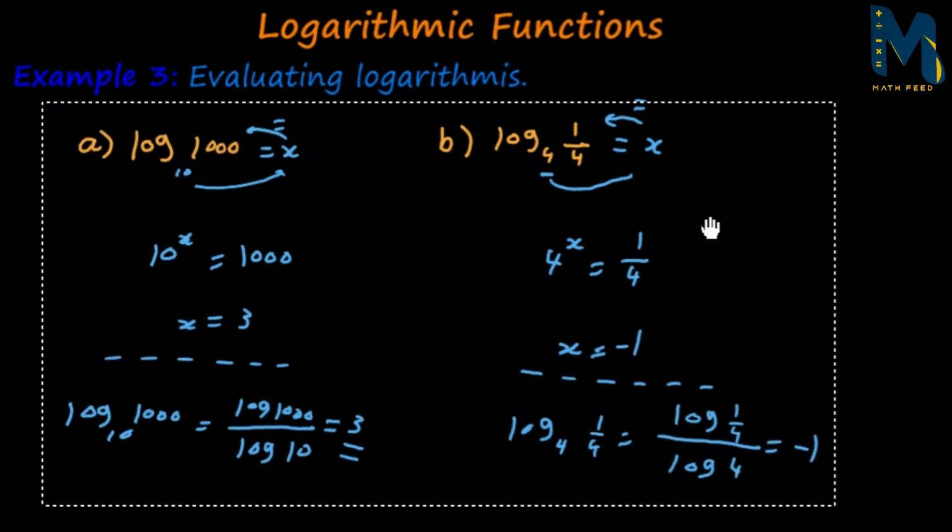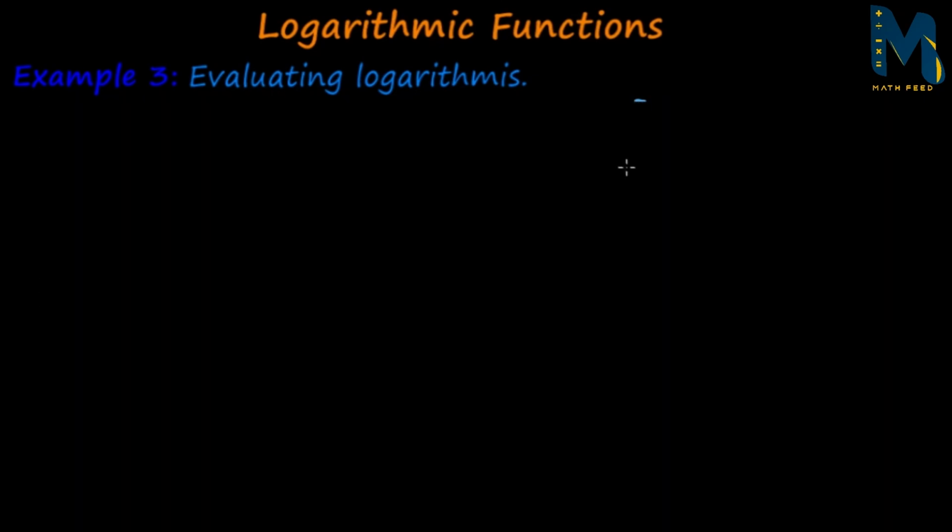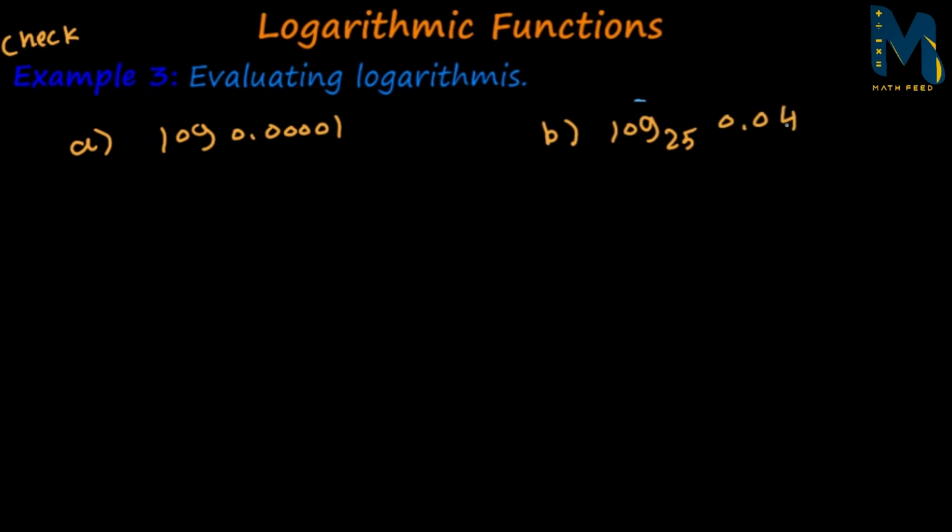We have checked out examples to solve. Branch A said log of 0.001, and branch B said log base 25 of 0.04. It said evaluate these logarithms. We can assume that this equals x and change to exponential form.